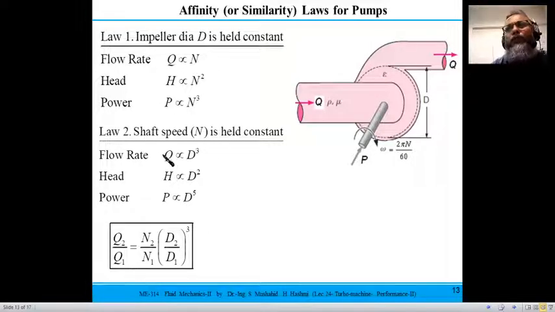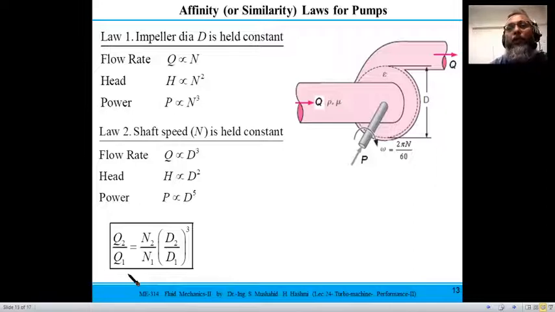If you combine these proportionality relations, Q is directly proportional to N and Q is directly proportional to D, but here it is power 1 and here it is power 3. So you get the relationship between two operating conditions 1 and 2. N1 would be one RPM, N2 another RPM, D1 one impeller diameter, D2 another impeller diameter.